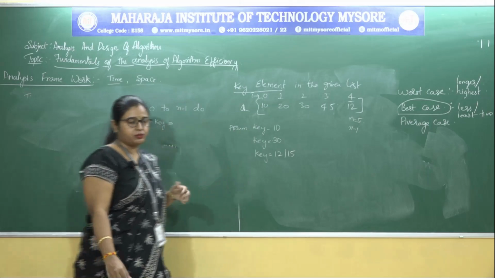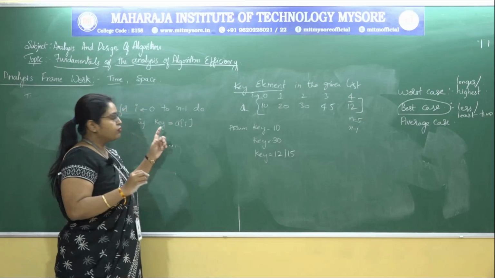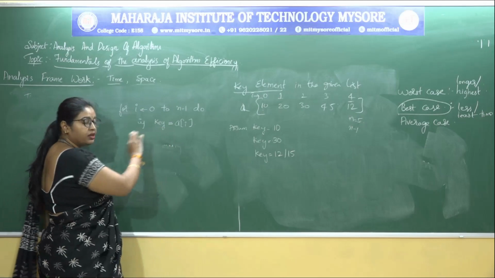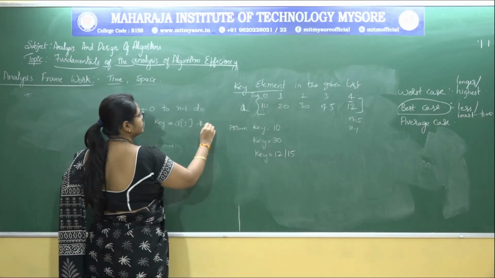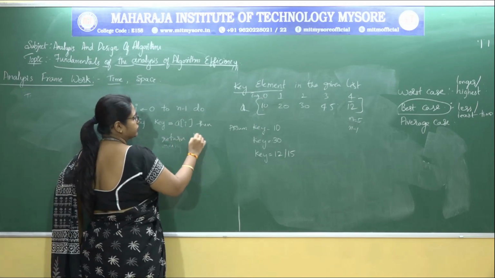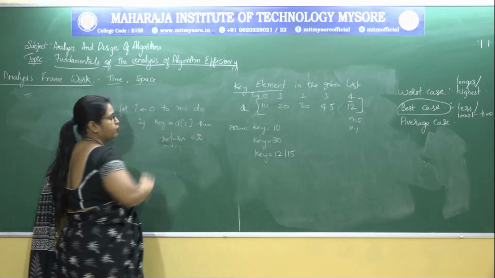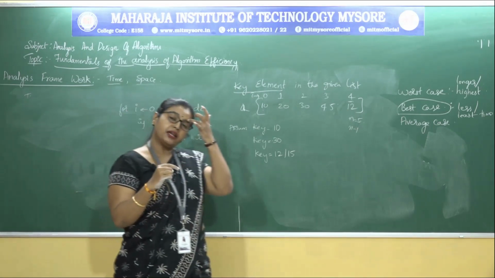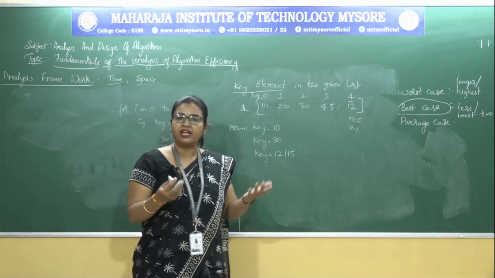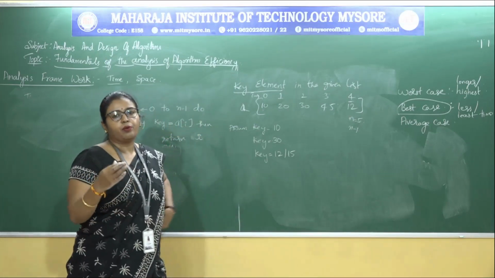So we check whether key is equal to A of I. If it is true, we return the key position, the ith position where the array element is present, or you can use a boolean value true or false, depending on the problem statement.